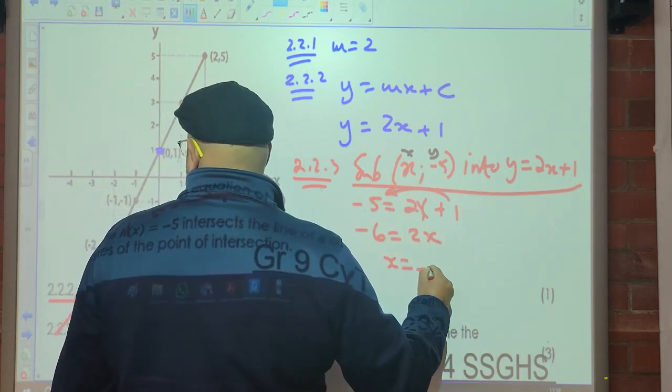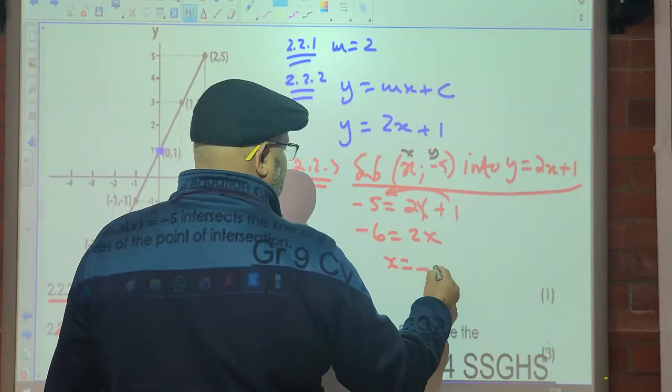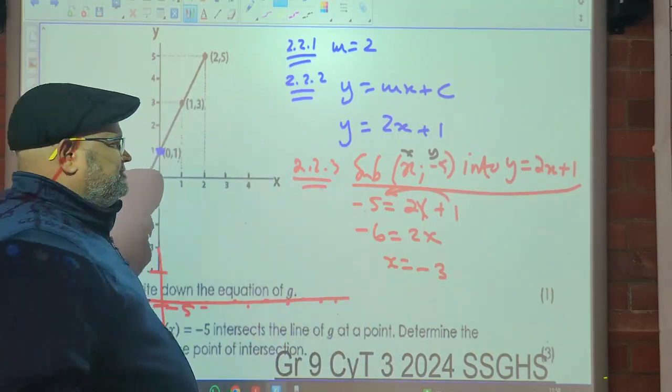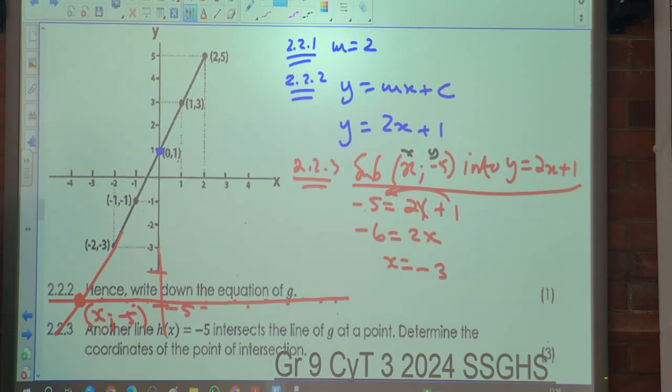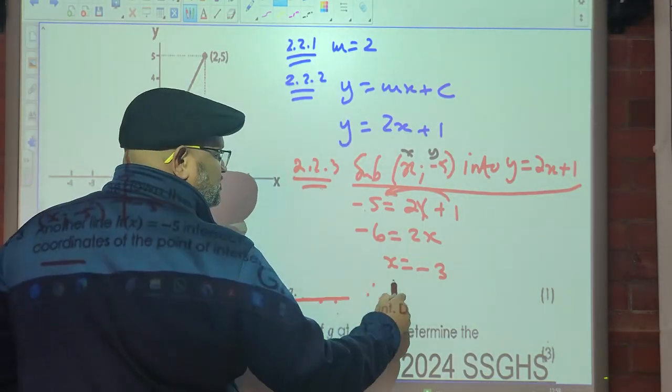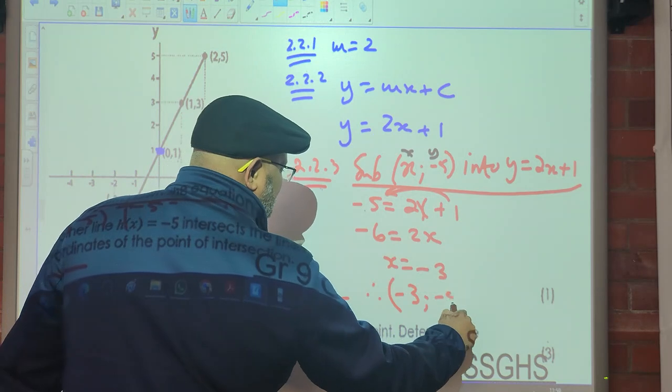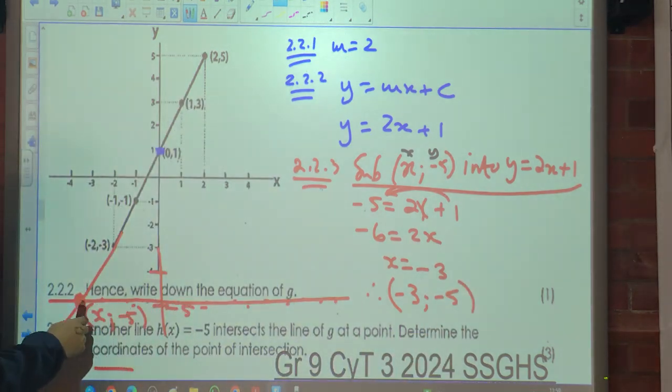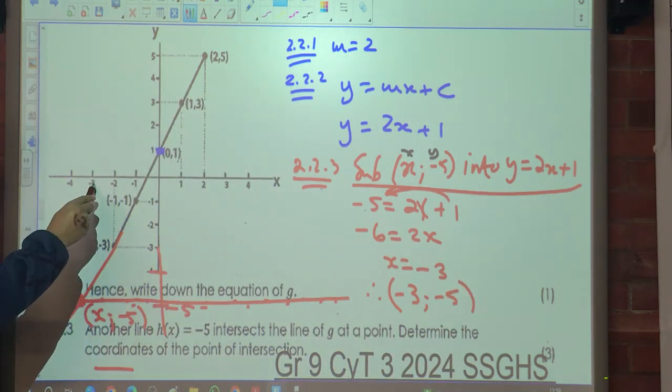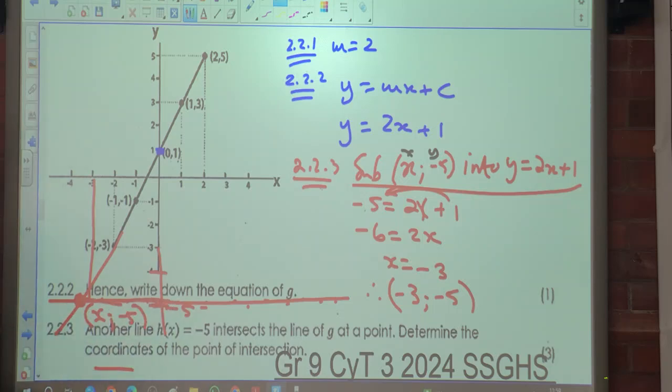So x is equal to negative 3. Alright. So what do you answer the question? Determine the coordinates. So therefore the coordinates will be negative 3 and negative 5. And as you can see, it makes sense here. I just drew it a bit more over, but you see it will be approximately there.